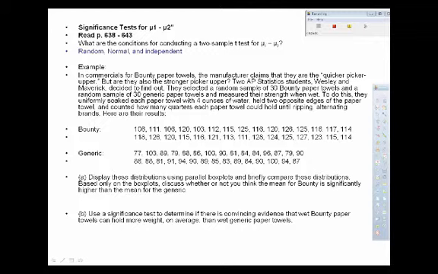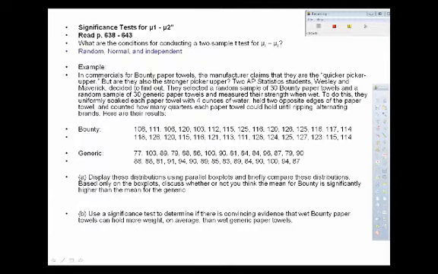To do this, they uniformly soaked each paper towel with 4 ounces of water, held 2 opposite edges of the paper towel, and counted how many quarters each paper towel could hold until ripping, alternating brands.